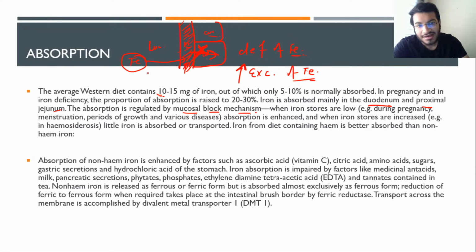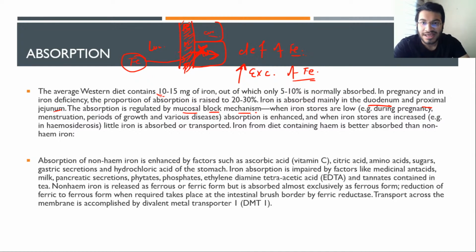So if the iron stores are low, then your iron will be readily absorbed from this. But if your iron stores are full, if you are having excess of iron in your body, then what will happen? In this mucus your iron will get stored.